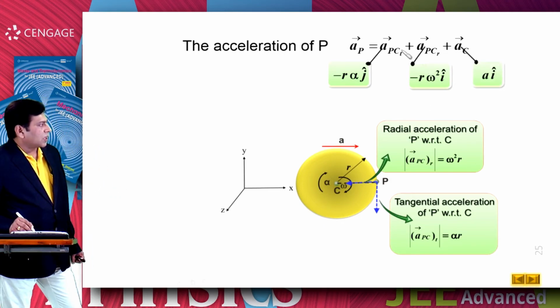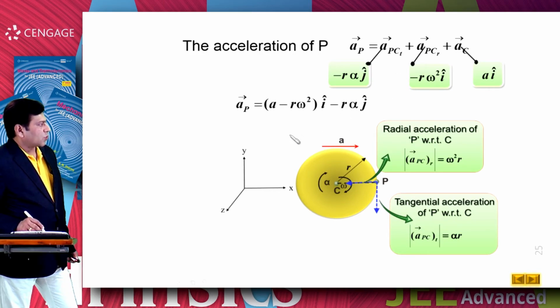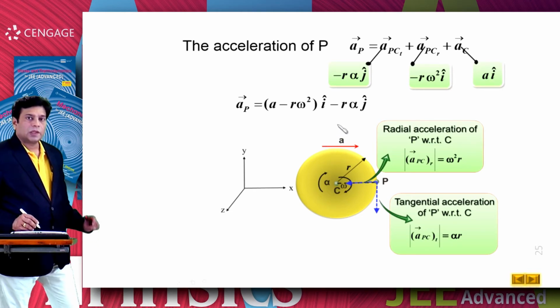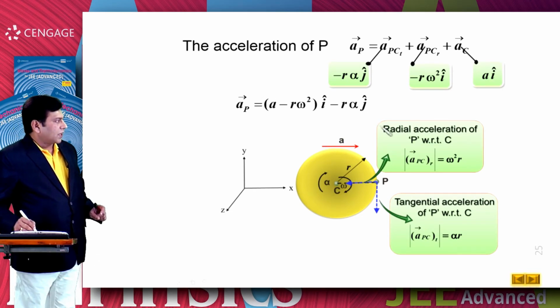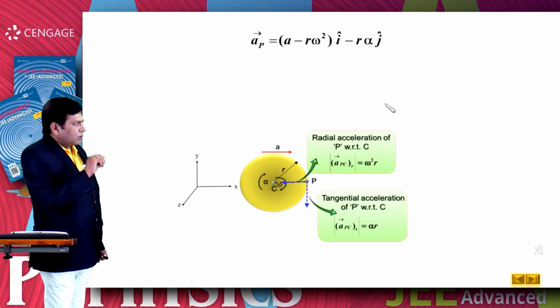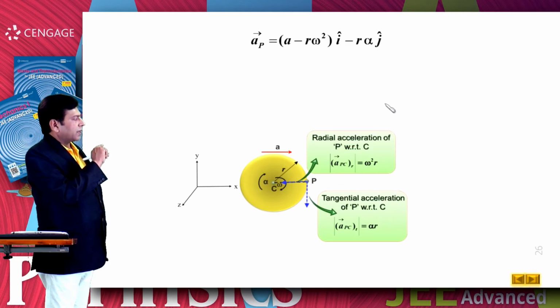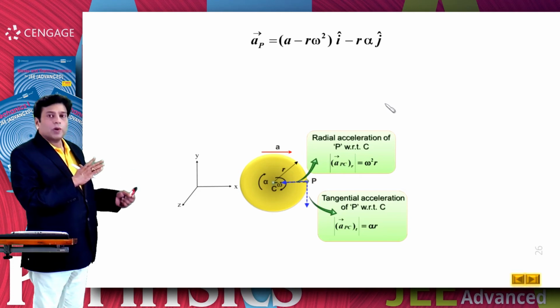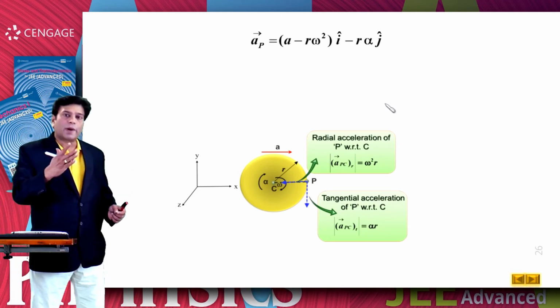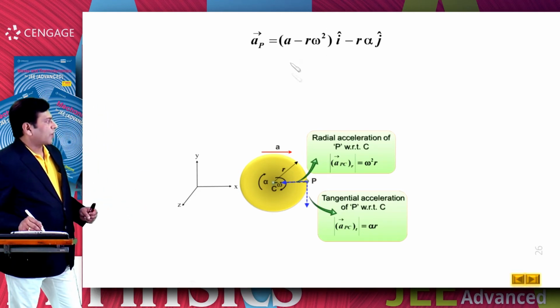We can substitute these values in the above equation and get the net acceleration of this point P, correct? Now let us write this acceleration again. Now the magnitude of this acceleration can be calculated, because you know x component and y component are perpendicular to each other. So now we can take the mod of this vector, that is under root of the square of this value plus this value.